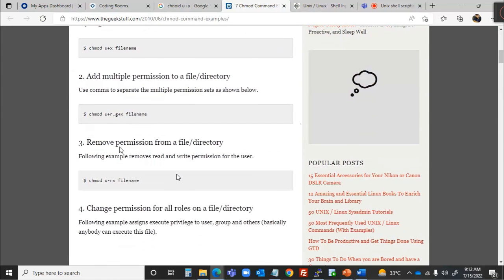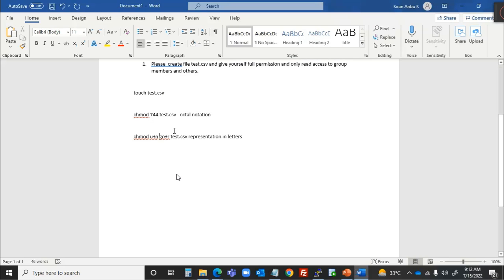So U plus R, and okay, a comma should be there. chmod U plus A, GO plus R means for user all permissions, for group and others only read permission. So that's what it says.